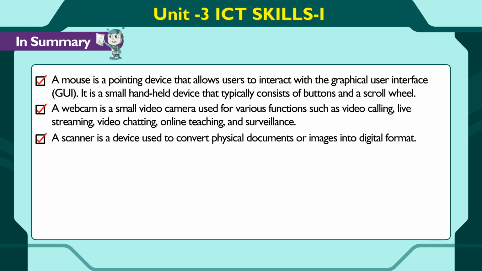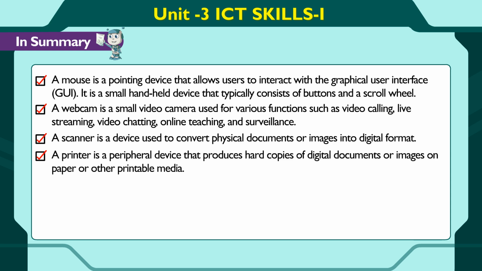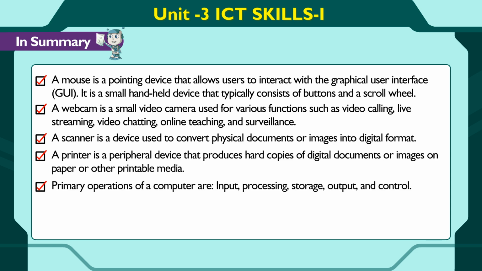A scanner is a device used to convert physical documents or images into digital format. A printer is a peripheral device that produces hard copies of digital documents or images on paper or other printable media. Primary operations of a computer are input, processing, storage, output, and control.